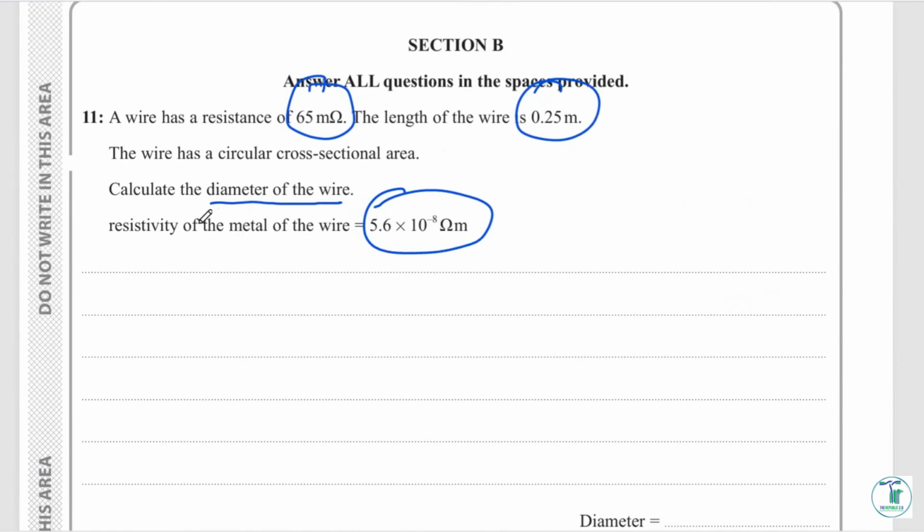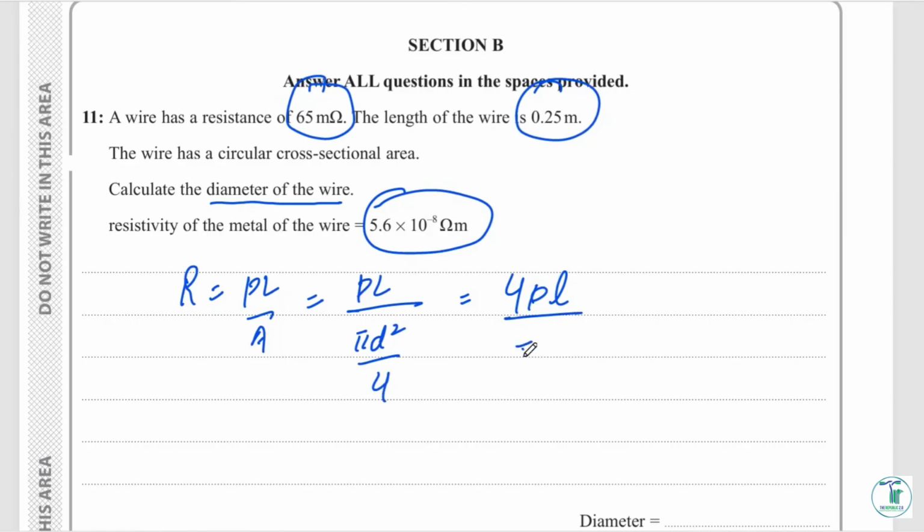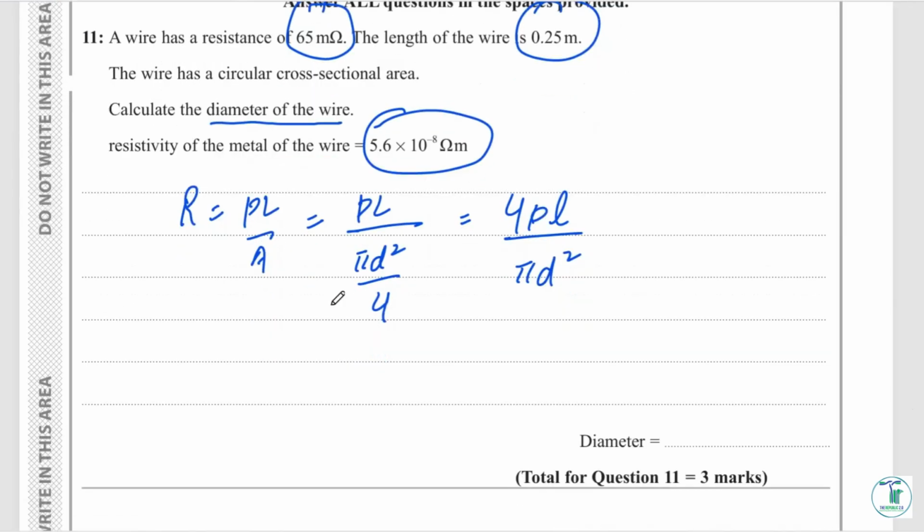I'm just going to use the formula R equals rho L upon A, which can also be written as rho L divided by pi d squared upon 4, and I'll be left with 4 rho L divided by pi d squared. Since I'm calculating the diameter, d squared has to be 4 rho L divided by pi times R.